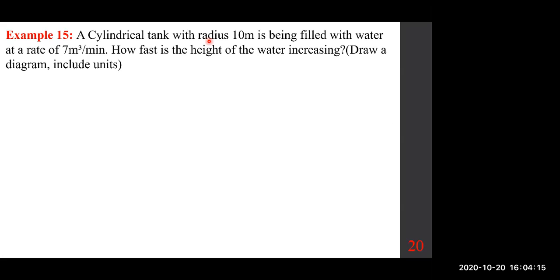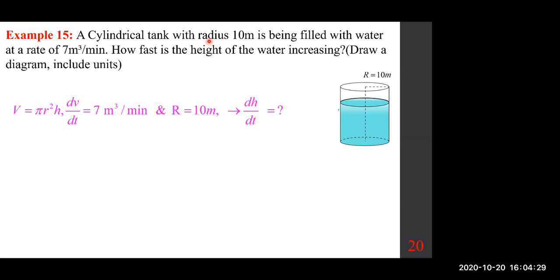I hope everybody remembers that. So first and foremost, the volume is pi r squared h. The radius is 10, and the radius is fixed, everybody. The radius is fixed at 10 meters, and the volume is pi r squared h.